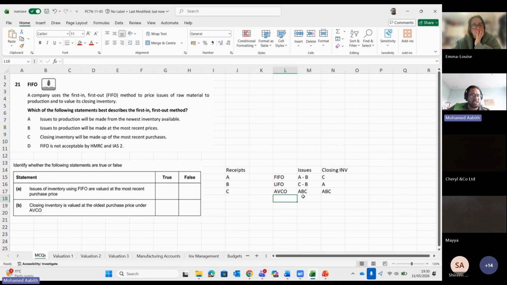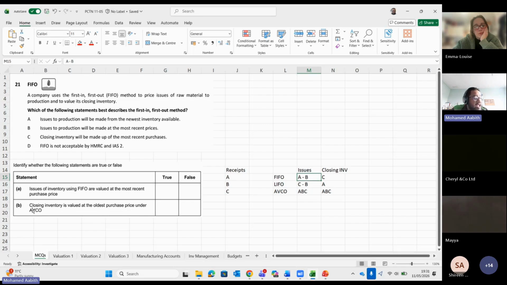So let's look at the first statement: issues of inventory using FIFO are valued at the most recent purchase prices. The issue, which one is the most recent purchase price? It is C. Is it true? That statement is wrong. In this scenario, for the issues of inventory we use the oldest purchase prices, not the recent ones. And the closing inventory is valued at the oldest purchase prices under AVCO?